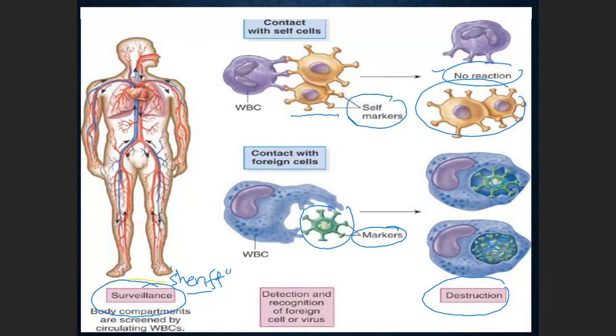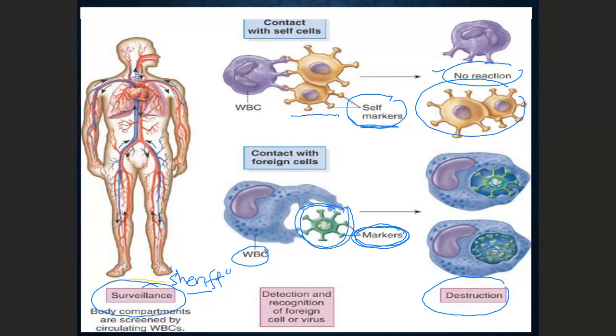But if this one is a foreigner, it will be recognized by the white blood cell. Why is it able to recognize? Because the markers of the foreign cell will be different from the markers of our own cell.